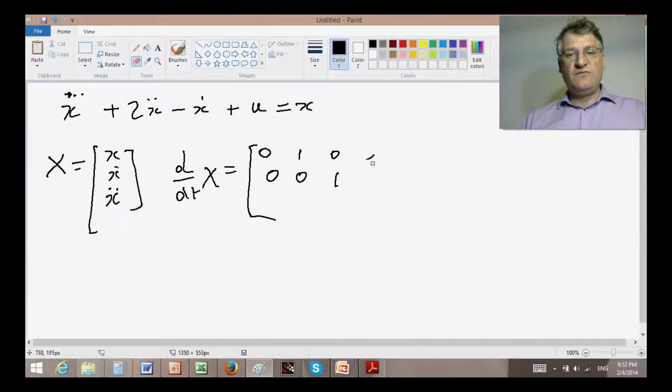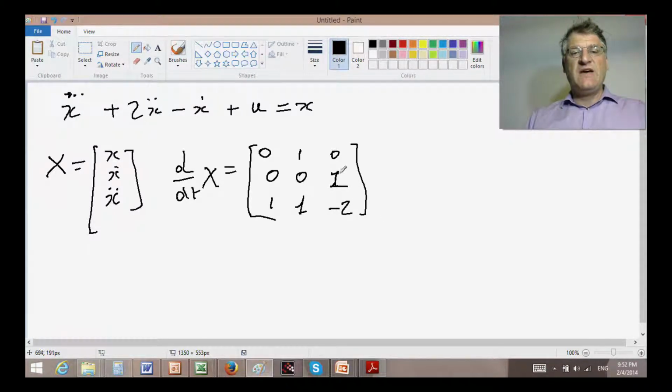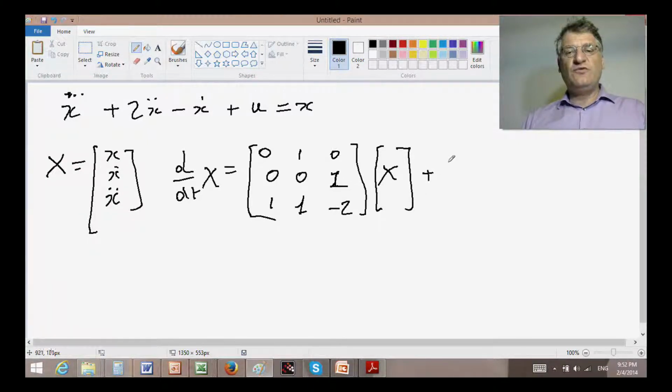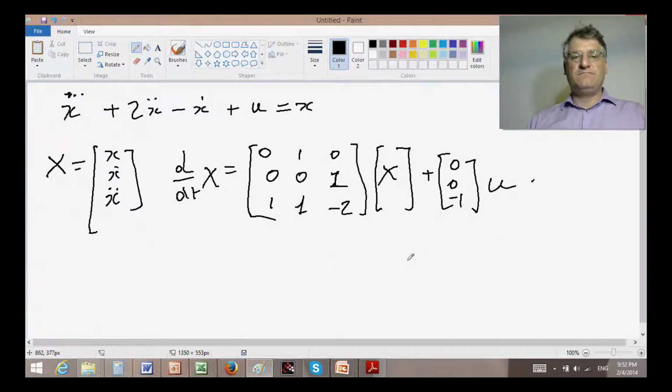If we go back here, the final element will be x triple dot. The d dt of x double dot is x triple dot, which is going to be x plus x dot minus 2x double dot. Okay, so this is a 1. And this is going to be times x. And of course, we need to add the input u, which will be 0, 0, minus 1 times u.